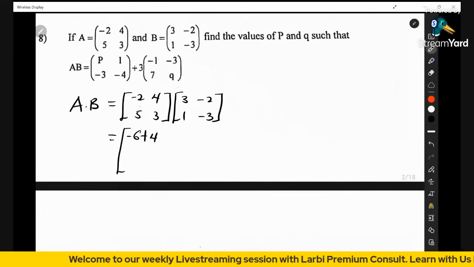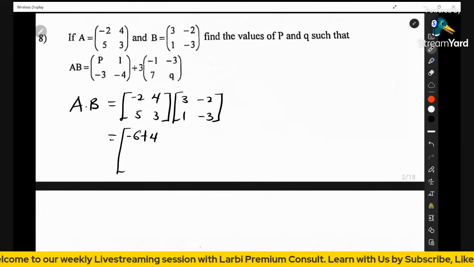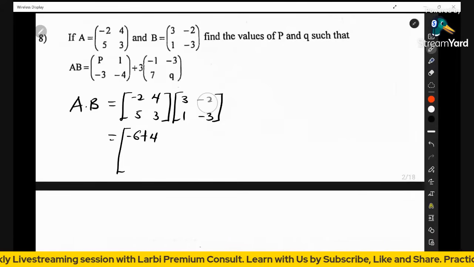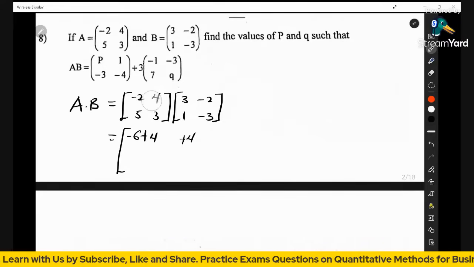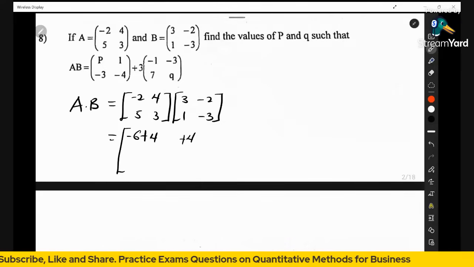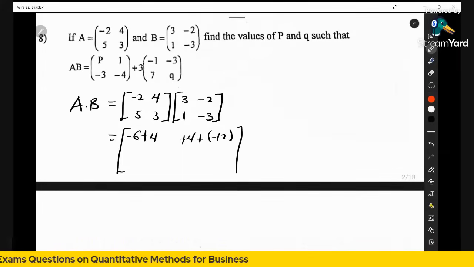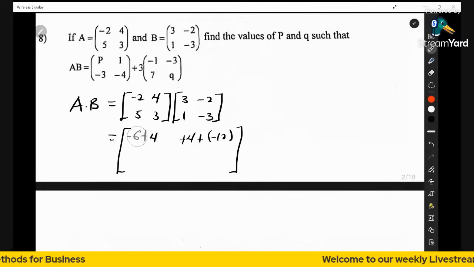So we'll have what? Negative 2 multiplying what? Negative 2. So that's going to give us positive 4. And then the 4 also multiply negative 3, and we are getting plus negative 12. Okay, so that will help us to get the entries for the first row of this matrix.